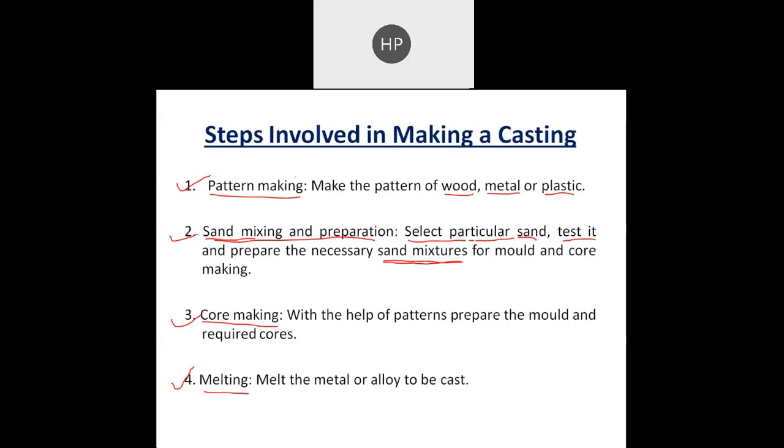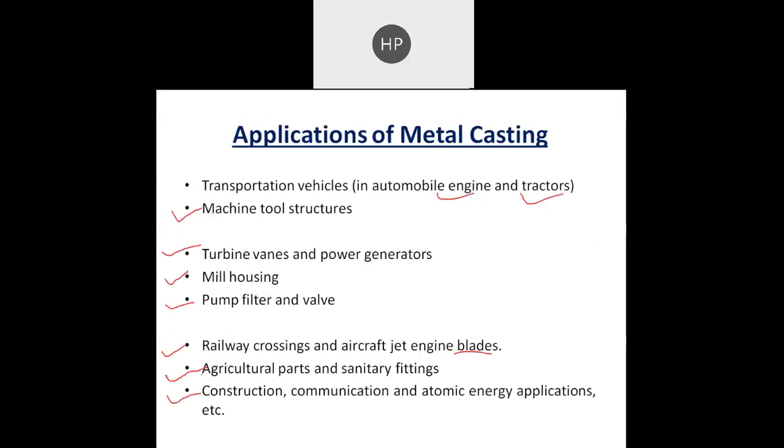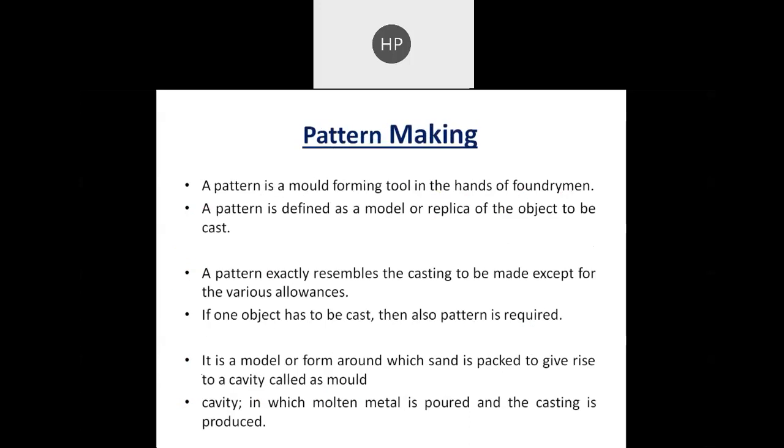So in the metal casting process, the first and important step is pattern making. First we are going to see in detail what a pattern is and what the various pattern making techniques are.